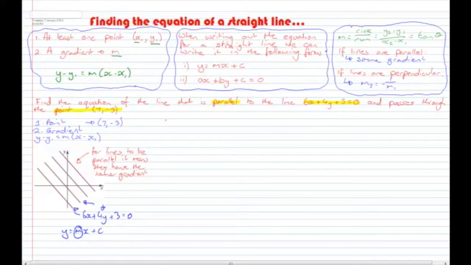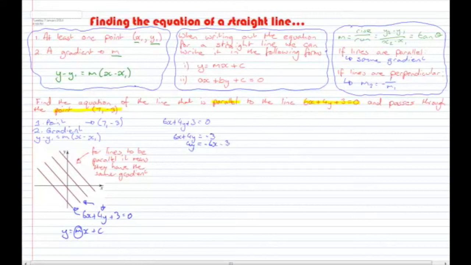So let's do that. We've got our equation here, 6x plus 4y plus 3 is equal to 0. Let's rearrange now and get into the y equals mx plus c form. First of all, let's move over the 3. So you get 6x plus 4y is equal to negative 3. Subtract 6x from both sides: 4y is equal to negative 6x minus 3.